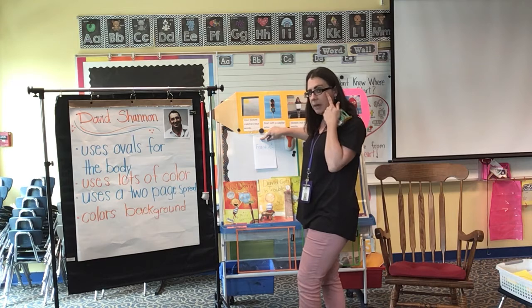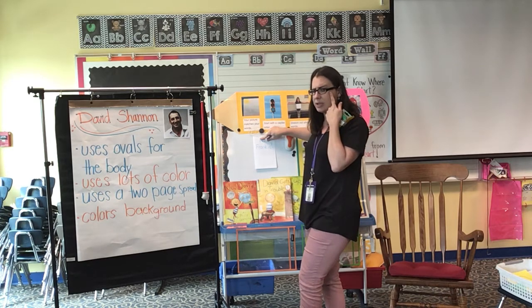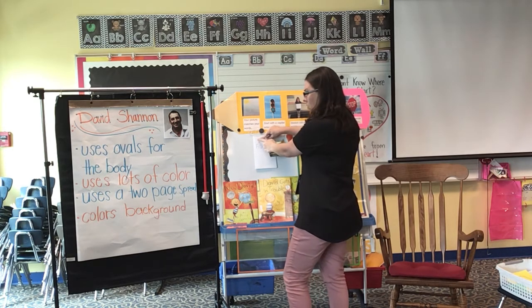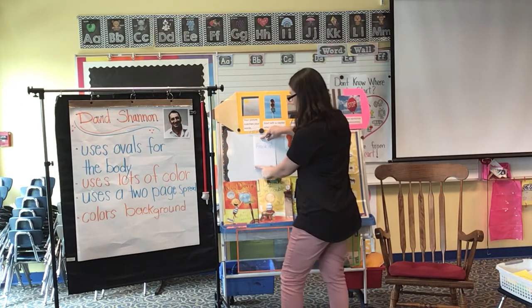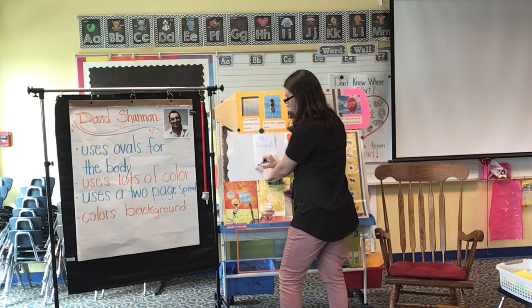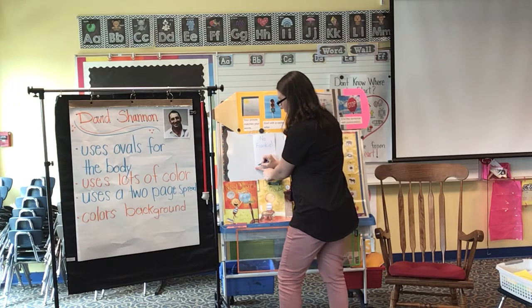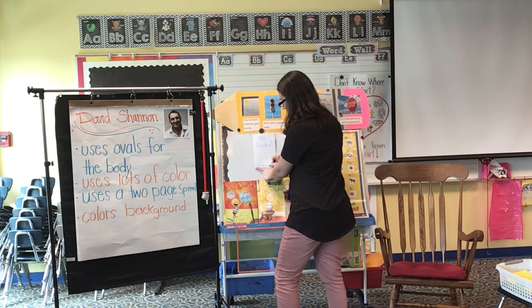I want to plan in my head where I'm writing things so that I make sure there's enough room. Because if I wrote my words so big, there wouldn't be any room left for my picture or my name. I'm going to go ahead down here at the bottom in smaller words, write my name, because this is my book. I'm still leaving room for my picture.